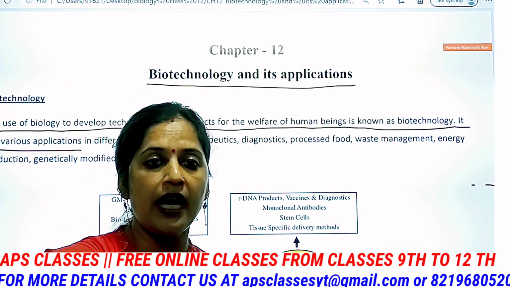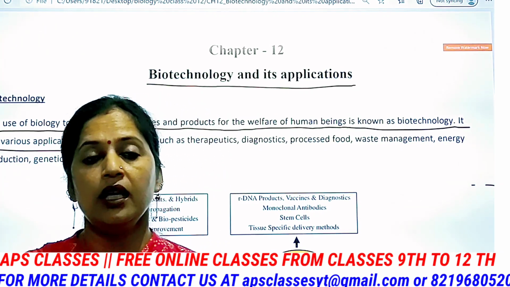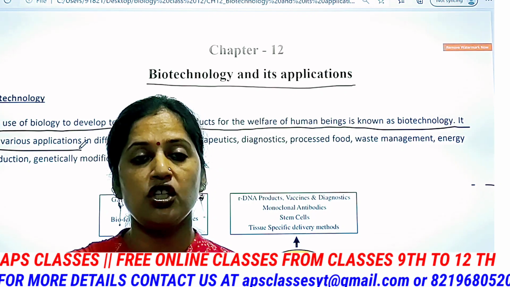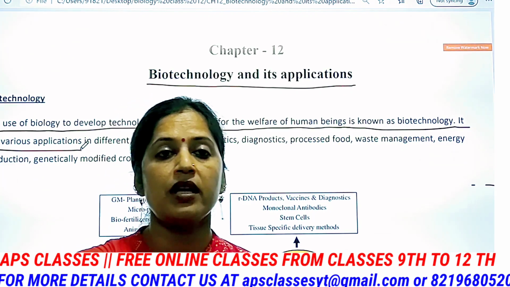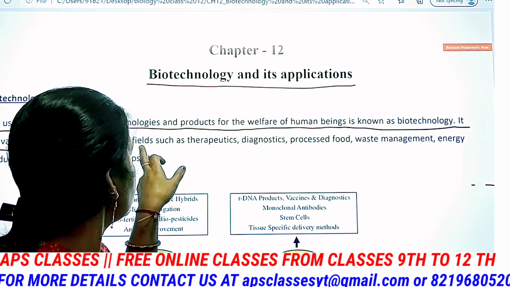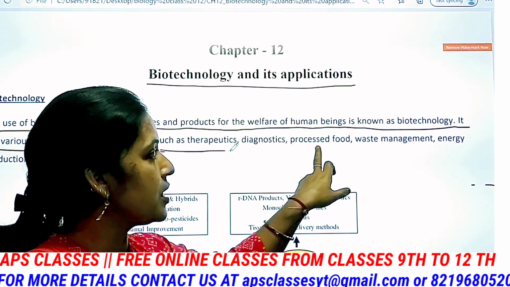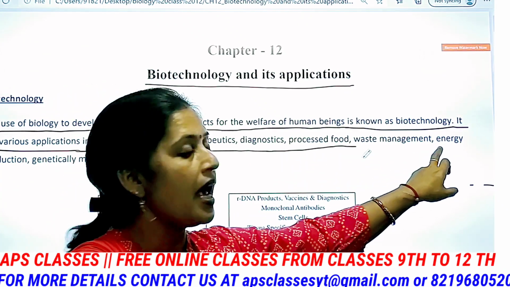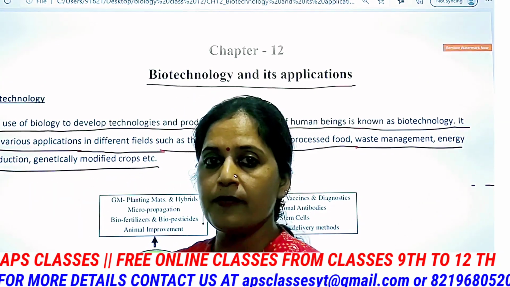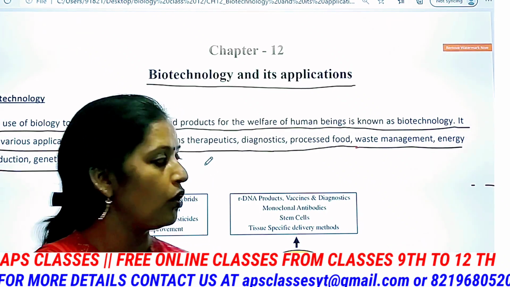Biotechnology has various applications in the fields of diagnostics, medicines, crop production, waste management, energy production, as well as genetically modified crops. So these are the various applications used in different fields such as forensics, diagnostics, processed food, waste management, energy production, as well as genetically modified crops, etc. So this is the brief introductory part of biotechnology.